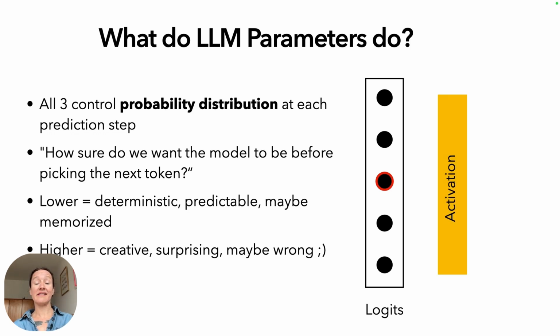Usually we send it through an activation function, and that activation commonly is something like softmax, or there's a bunch of different activation functions. I'll actually put a link in the notes for you to look at different activation functions. But for the most part, you're using an LLM that's probably using softmax or some similar function.